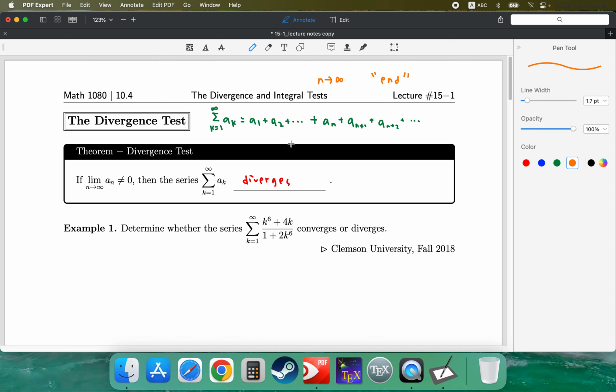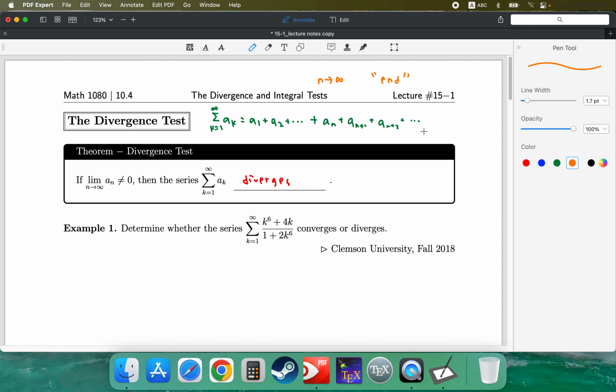Because they are not zero, let's say their values are really small, like 0.00 with 10 trillion zeros, and then followed by a 1. They are really small, but you need to add all these terms together and you will never stop. So you are adding infinitely many small things together.